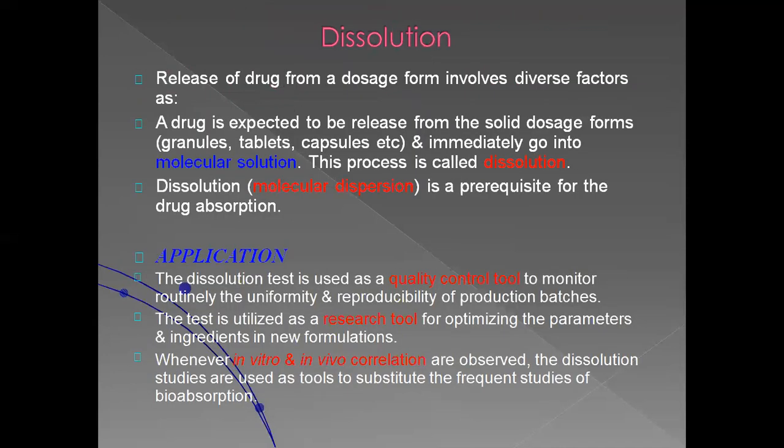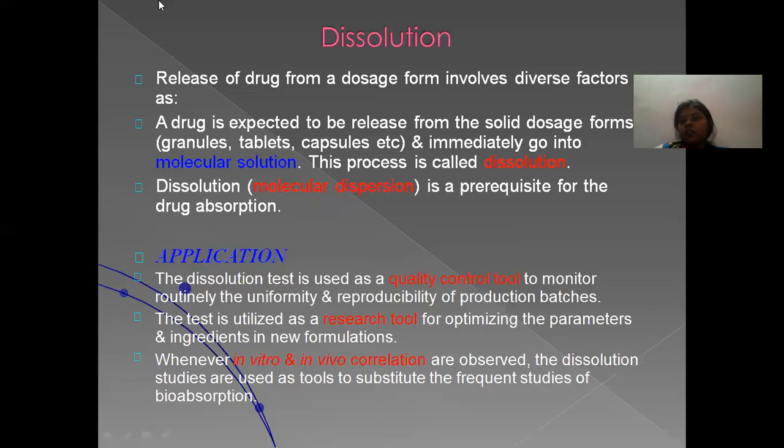The next is the dissolution. The dissolution of a drug particle is controlled by several physiochemical properties, including chemical form, crystal habit, particle size, solubility, surface area, and wetting properties.